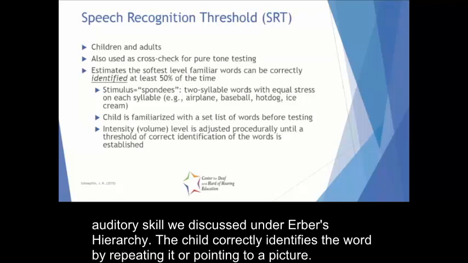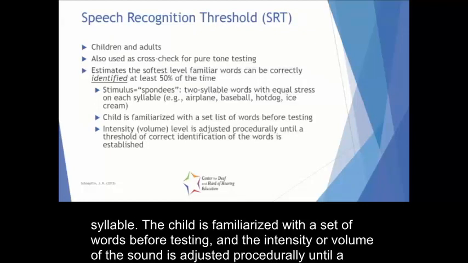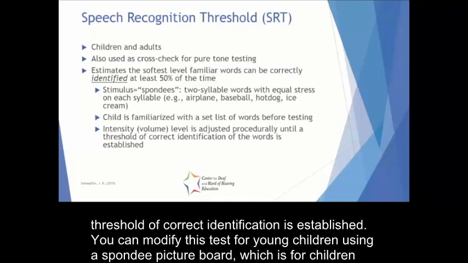The child correctly identifies the word by repeating it or pointing to a picture. The stimuli for speech recognition threshold testing are spondees, which are two-syllable words pronounced with equal stress on each syllable. The child is familiarized with the set of words before testing, and the intensity, or volume, of the sound is adjusted procedurally until a threshold of correct identification is established.